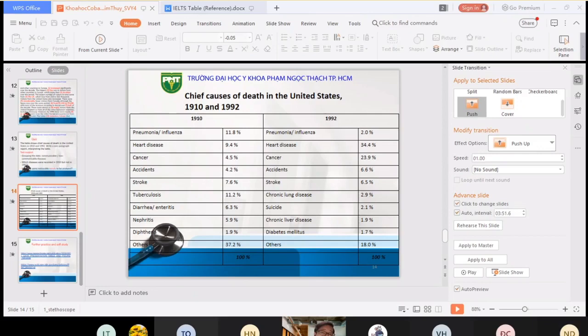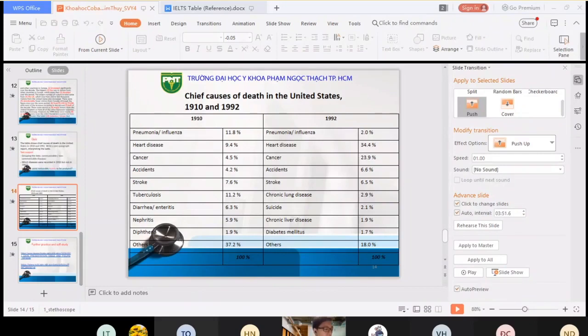The primary reasons, which led to the death of American citizens, something like that. Because if you don't show your ability to paraphrase, you don't achieve a high band score. Thank you for your answer.